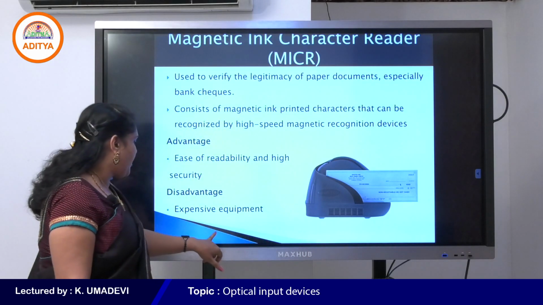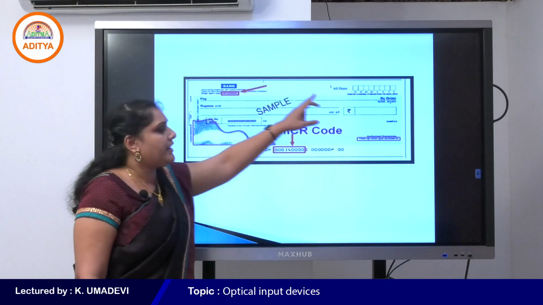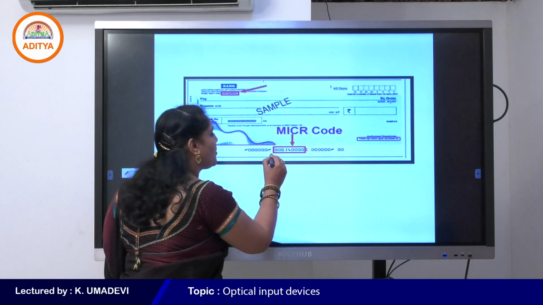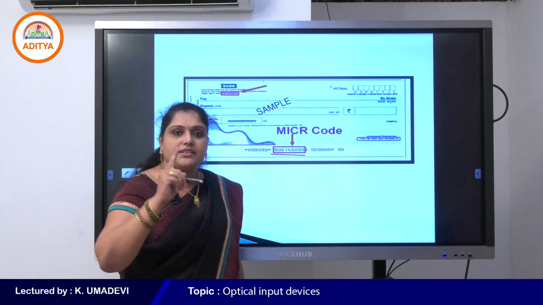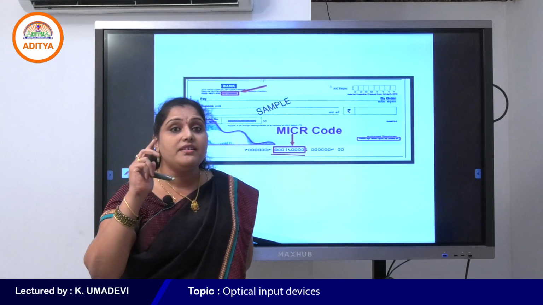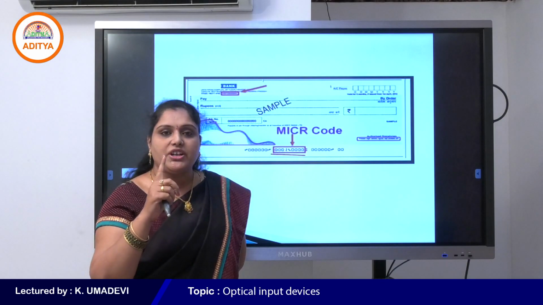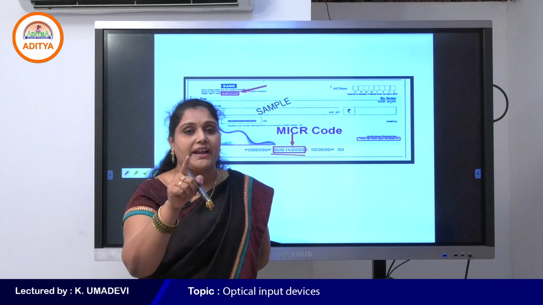So this is an example of a bank check. See, this is the example of a bank check, and this is called the MICR code. A bank check contains the bank code and check number that is printed with a special type of ink that contains magnetic particles.